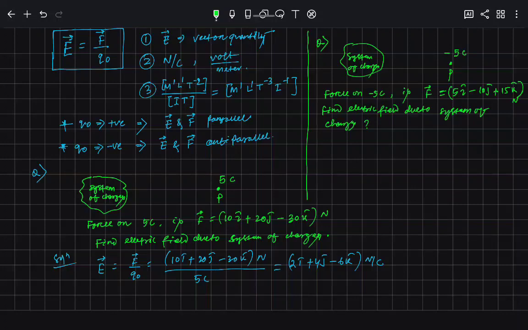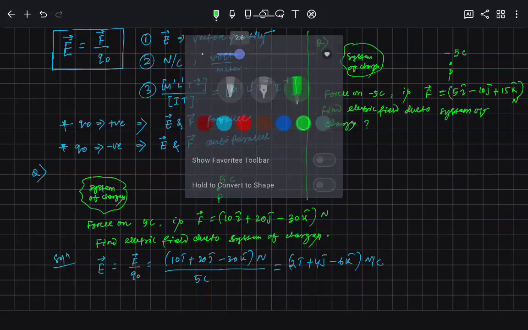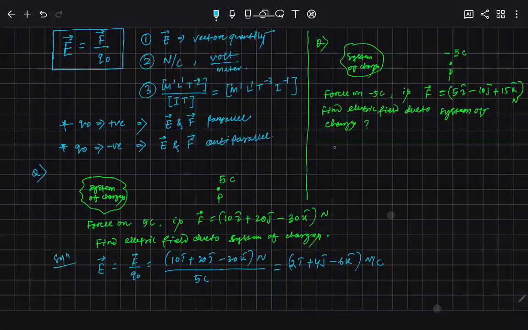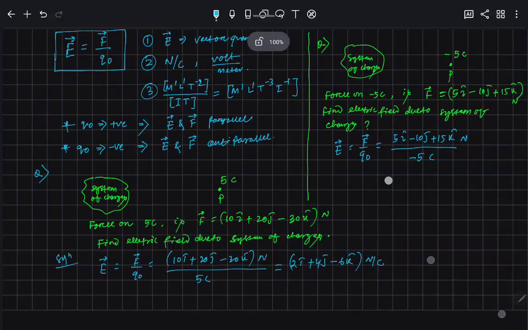So what we will do? We will say that the electric field will be F by q naught. F will be 5 i cap minus 10 j cap plus 15 k cap Newton, and q naught is minus 5 Coulomb.